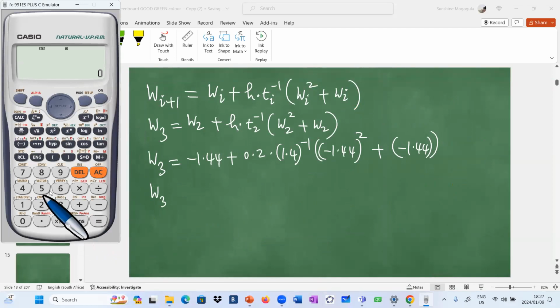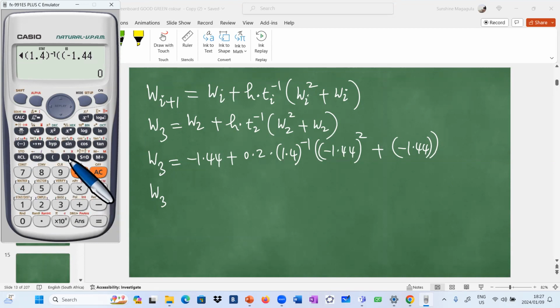So, for example, we have minus 1.44, 0.2, 1.4, minus 1, and then open parentheses, then you have this one, minus 1.44.